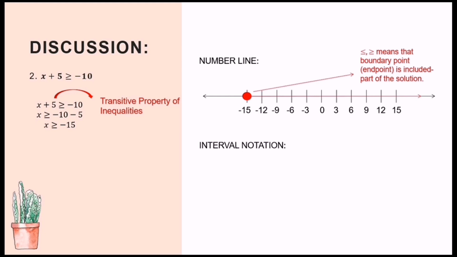And since negative 15 is included, the interval notation must be written in this form: a bracket, negative 15, then infinity, parenthesis. So that's how it looks. Now, let's proceed to example number 3.